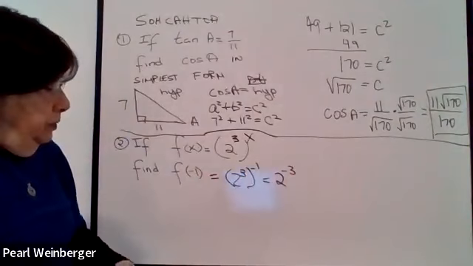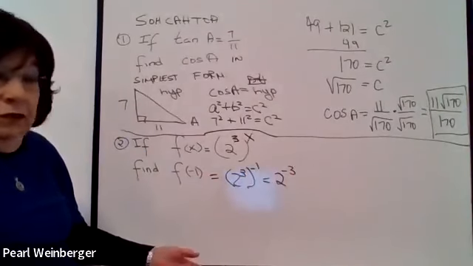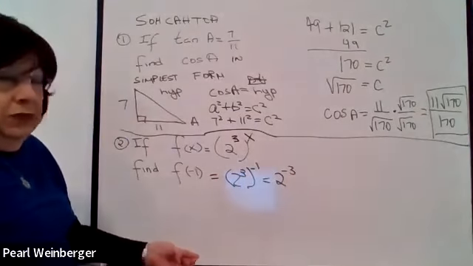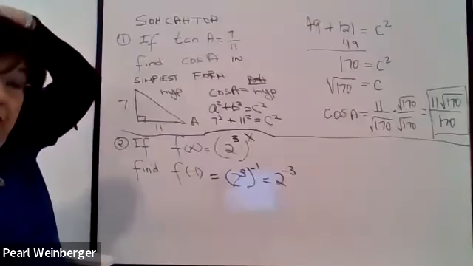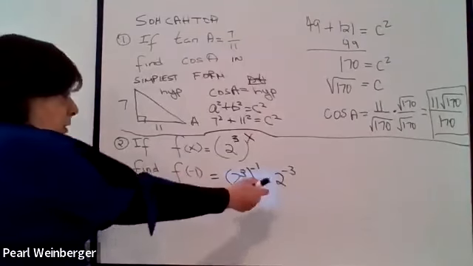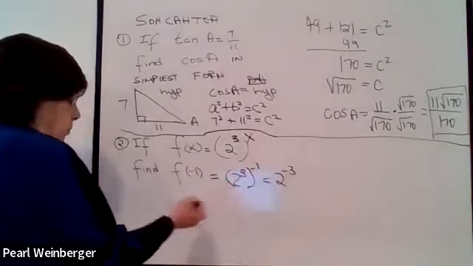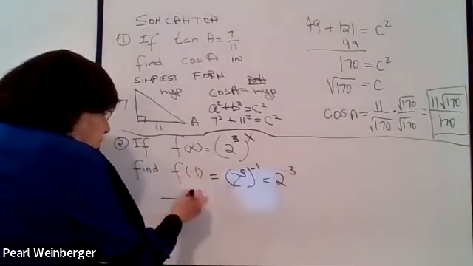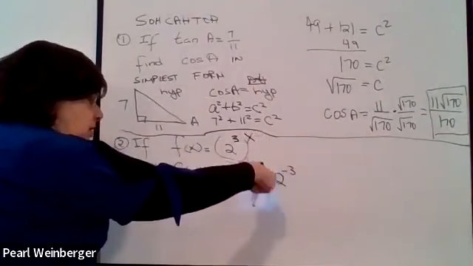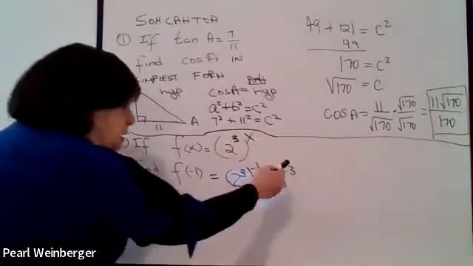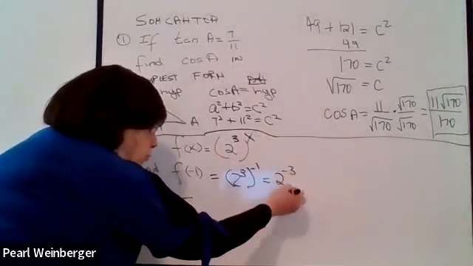Now we have to figure out what 2 to the -3 is. We could take out a calculator, but if we want to figure it out ourselves, we know that a negative exponent takes the reciprocal. This is really 2 to the -3 over 1.